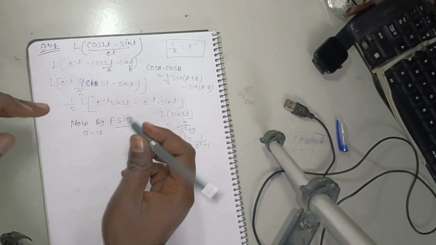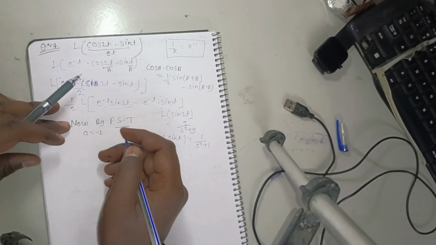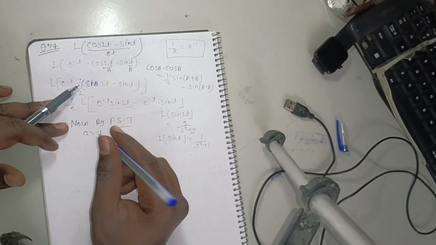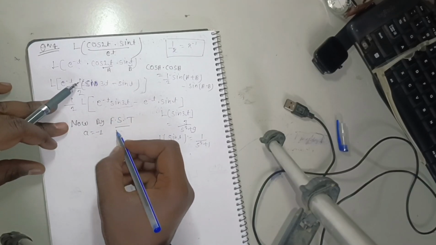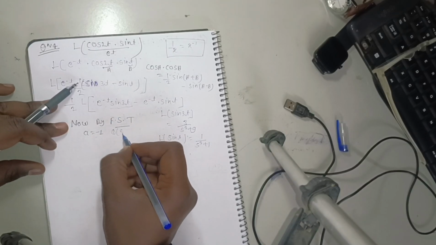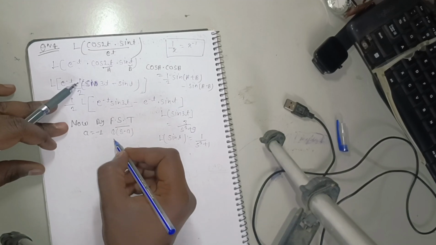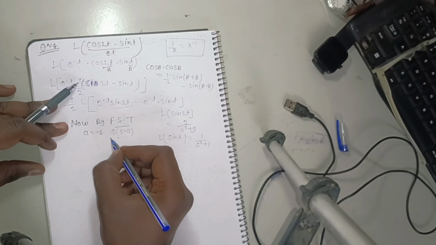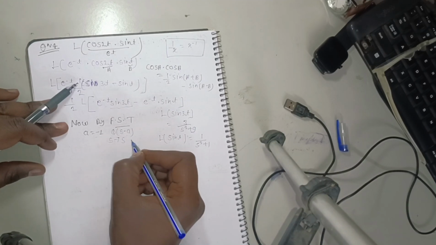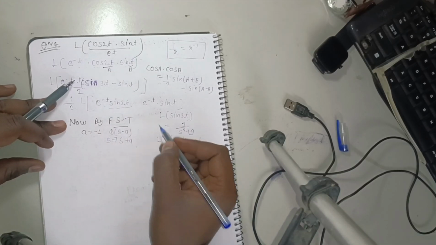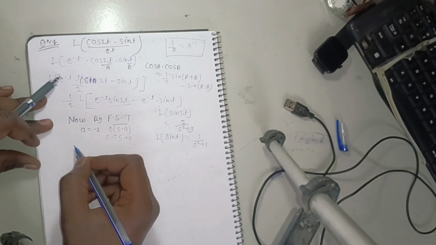The formula is phi of s minus a. So s will be replaced by s minus minus 1, that is s plus 1.